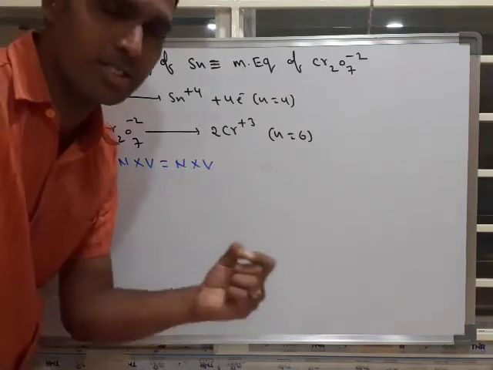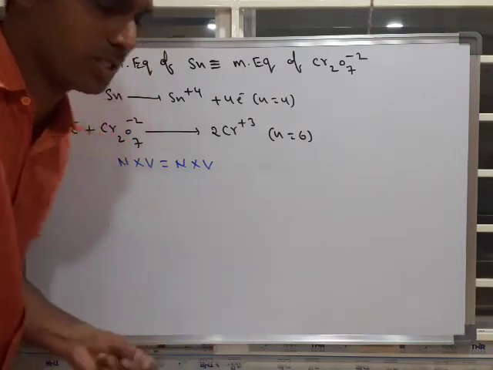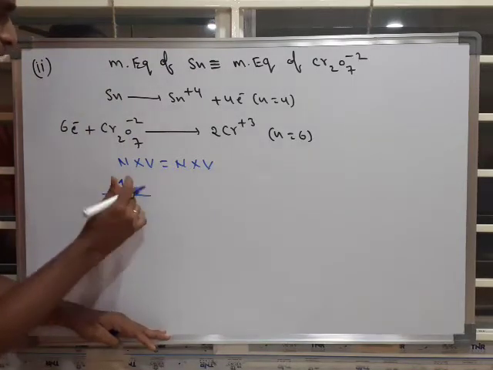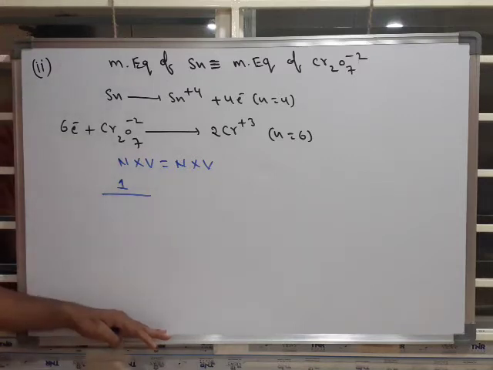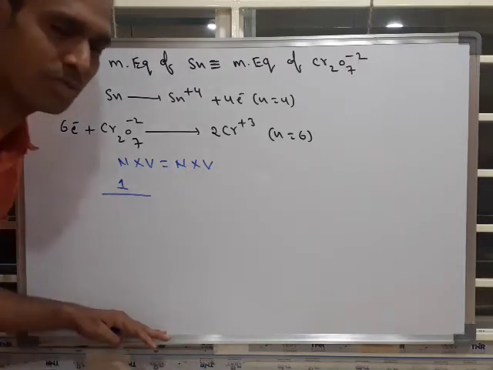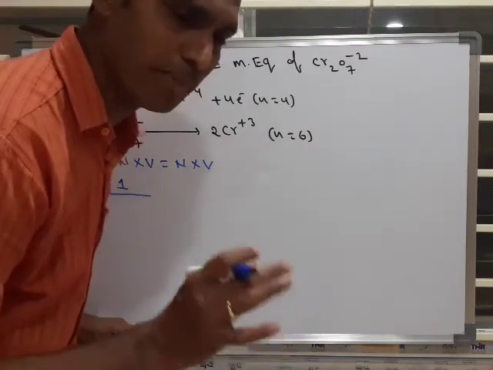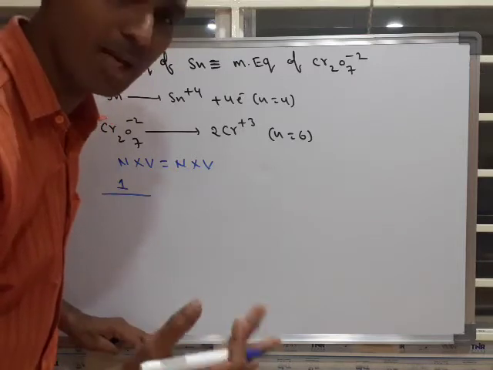Normality, as we just wrote in the formula, is weight by gram equivalent weight into 1000 by V. So what is the weight? 1 gram. What is the atomic weight? Since metals are single elements, we are taking atomic weight. If it is any compound we take molecular weight. Atoms we take atomic weight for. Metal is nothing but a form of atom, so we take atomic weight.